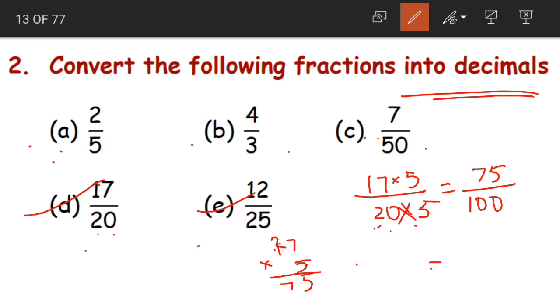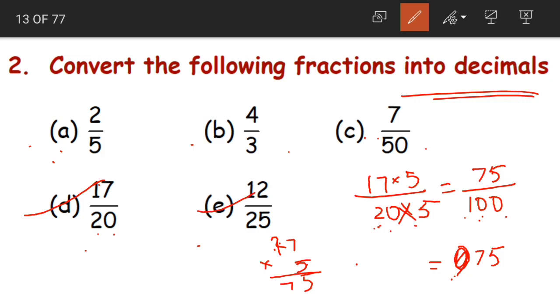Now how will we do this, children? Here the denominator is having 3 digits but the numerator is having only 2. So we are placing 0 as the third digit. And remember, where should we place it? We should place a 0 to the left, that is before the number.